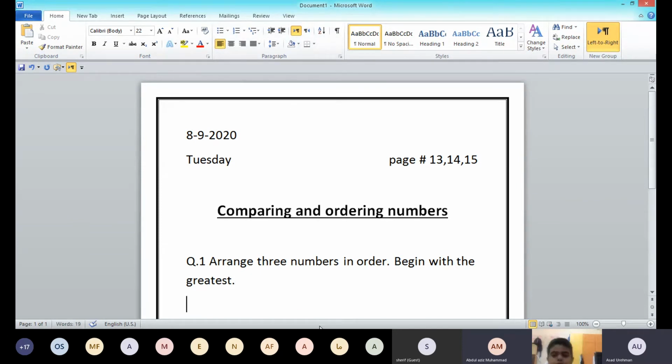Arrange these numbers in order. Begin with greatest. That means you have to arrange these numbers from greatest to smallest.